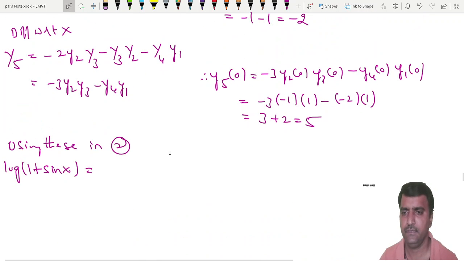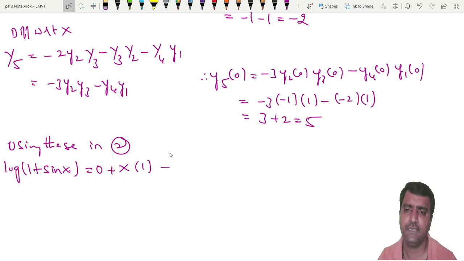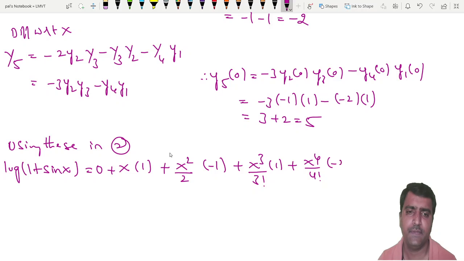Just remembering those values. So y of 0 is 0 plus x into y1 of 0, which is 1, plus x square by 2 into y2 of 0 which is minus 1, plus x cube by 3 factorial into y3 which is 1, plus x to the power 4 by 4 factorial into y4 which is minus 2, plus x to the power 5 by 5 factorial into y5 which is 5.